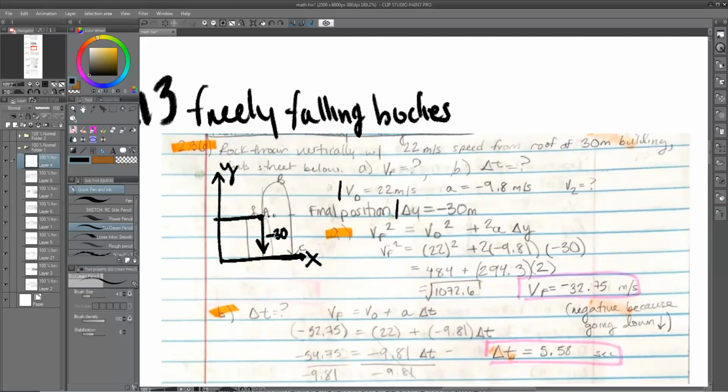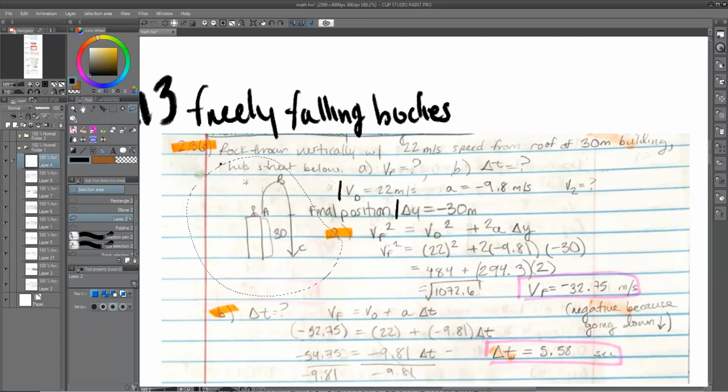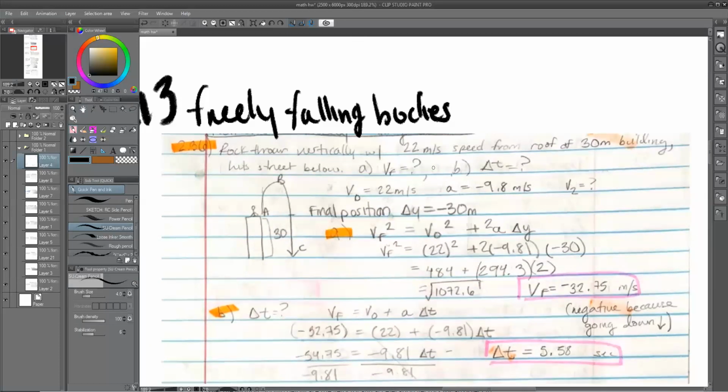It's not going to be level with the initial height. It's going to decrease by 30 meters total because that's the height of the building. So we know that our final position is a change of y of negative 30 meters. So we're looking for the final velocity, the velocity at which it almost barely hits the ground.